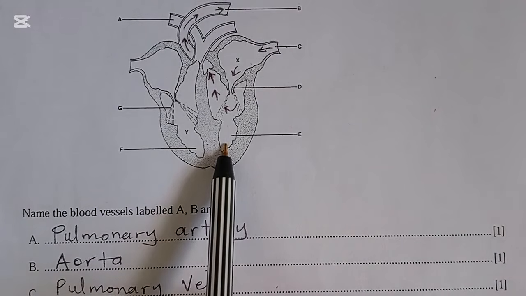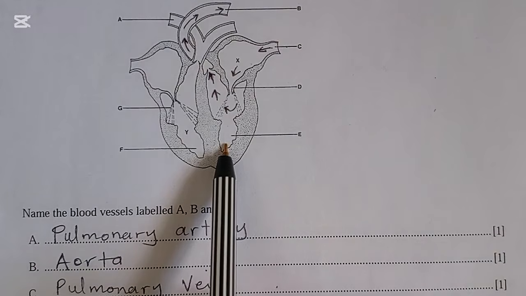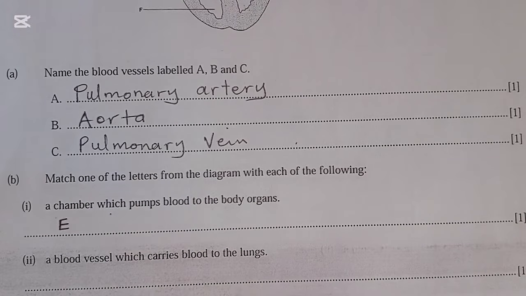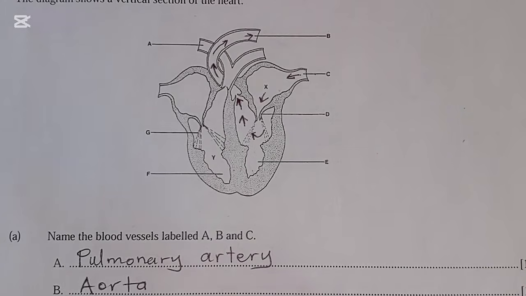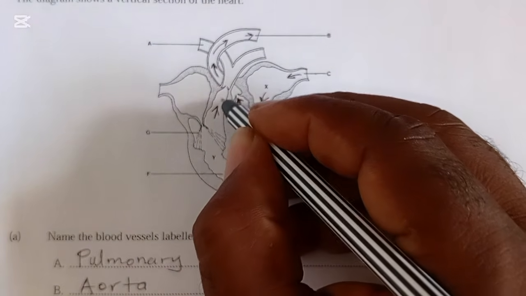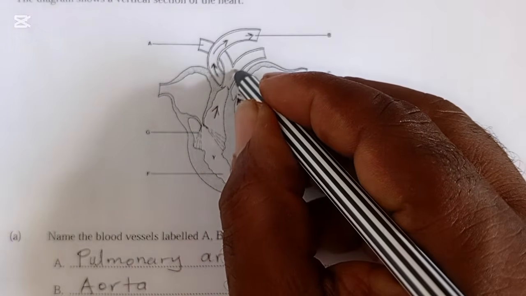It is in E. So E is the left ventricle. Part 2, a blood vessel which carries blood to the lungs. So it is A, which is the pulmonary artery. This one carries deoxygenated blood.